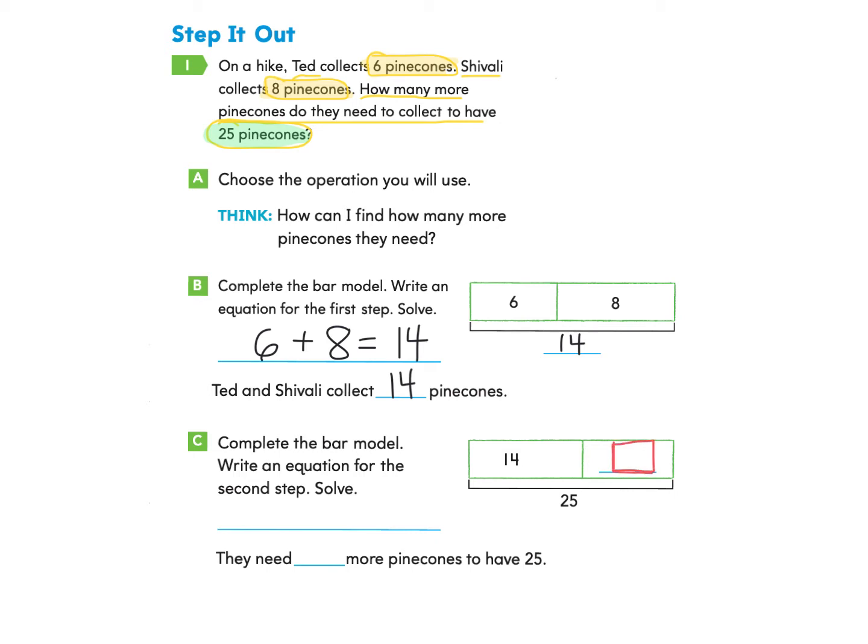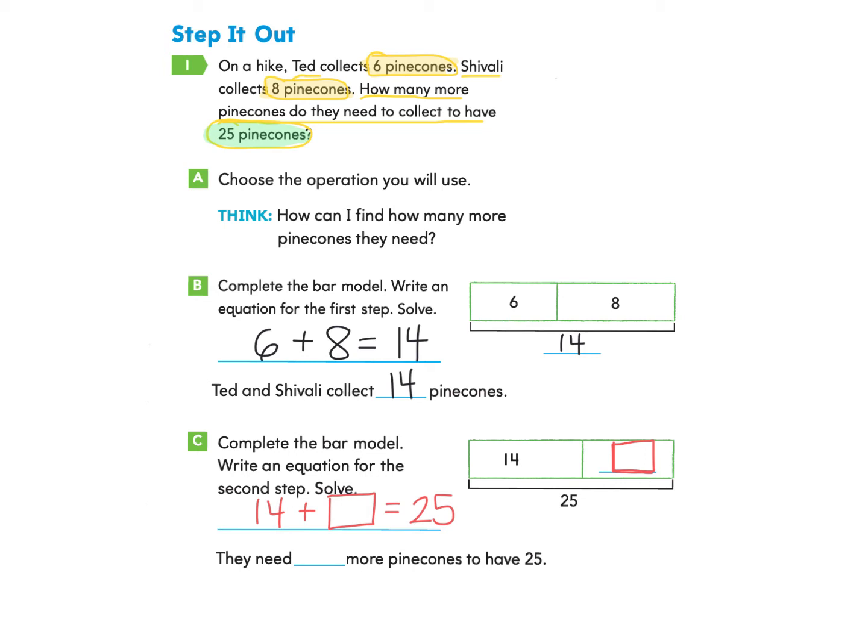So we can create an equation that shows that they have 14 and they want to add the unknown to make 25.